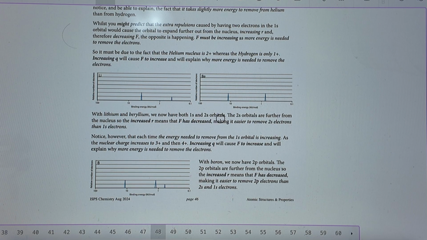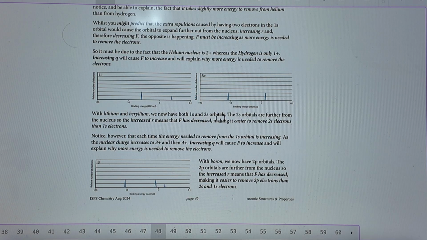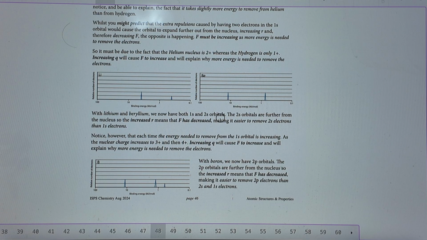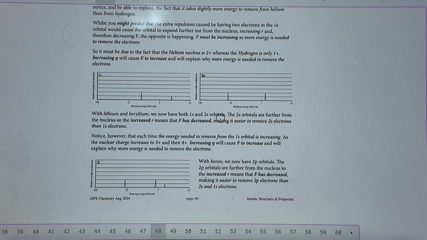Okay, so it says lithium and beryllium have both 1s and 2s orbitals. The 2s orbitals are further from the nucleus, so the increased R means that the F has decreased, making it easier to remove 2s electrons than 1s electrons. Well, that would make sense since they're further away from the nucleus.